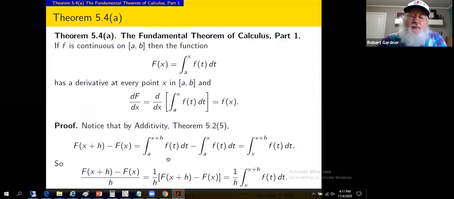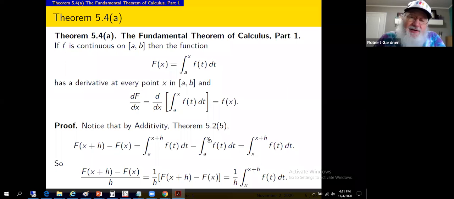Now we've got a difference of definite integrals. Additivity would tell you that if I take the difference of these two integrals, it produces this integral on the right, an integral from x to x plus h. Actually, additivity dealt with adding integrals together. If you consider adding these last two together, which is what you get if you took this integral to the other side, we'd have an integral from a to x of f of t, followed by an integral from x to x plus h.